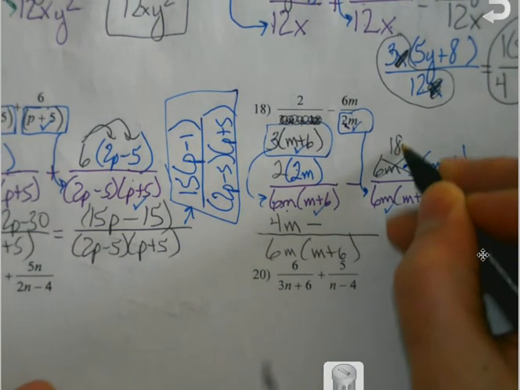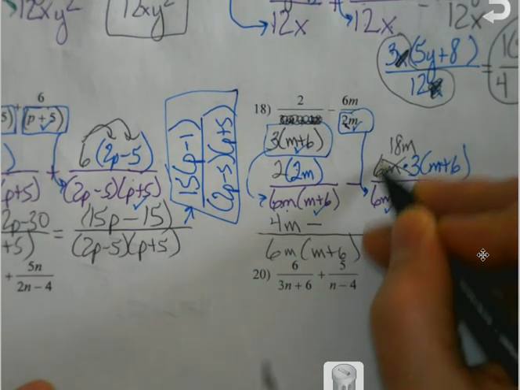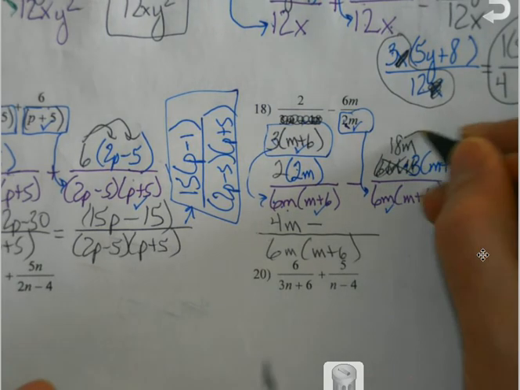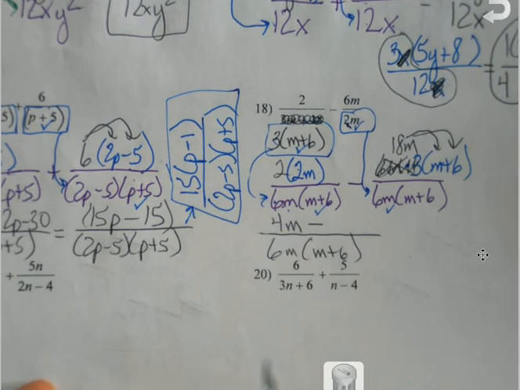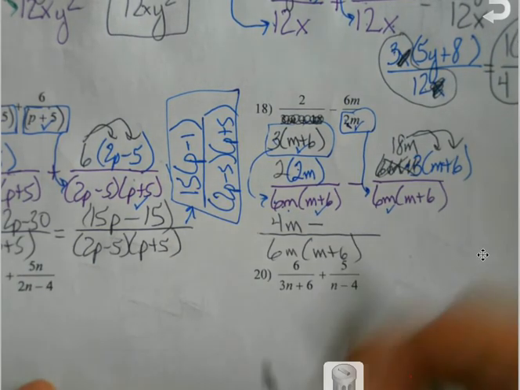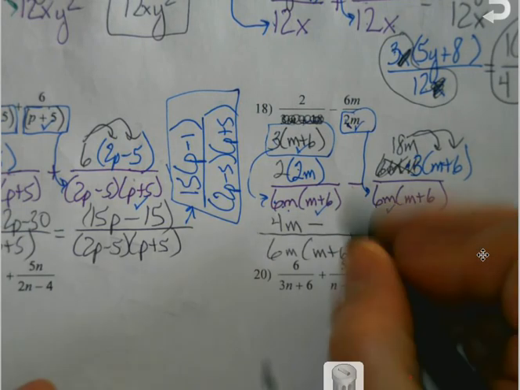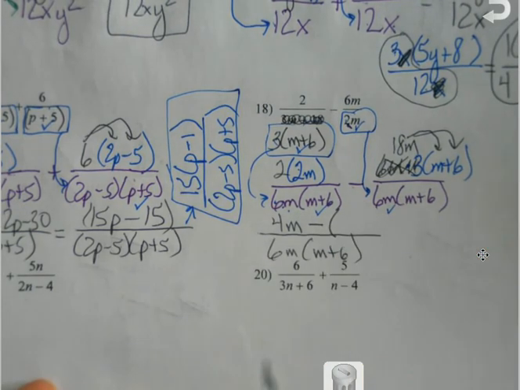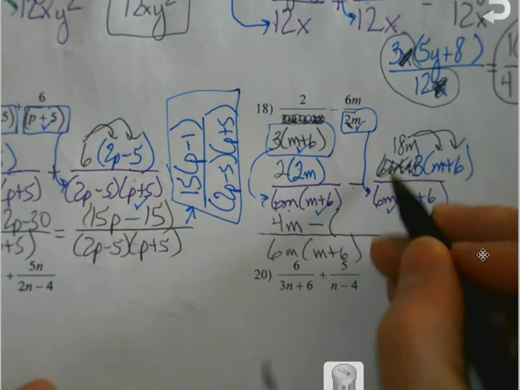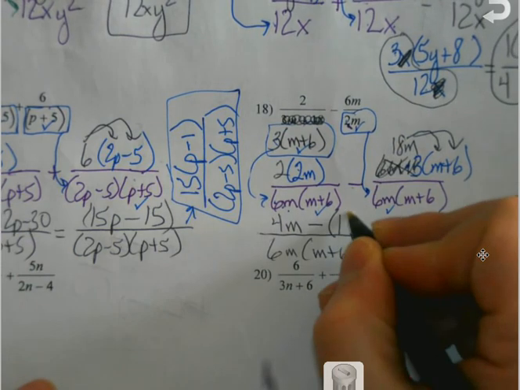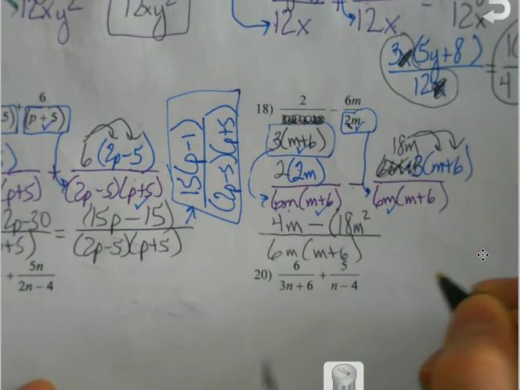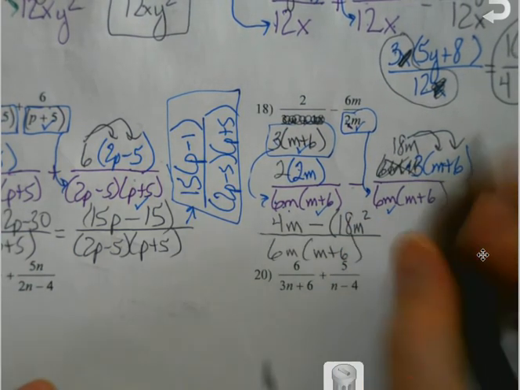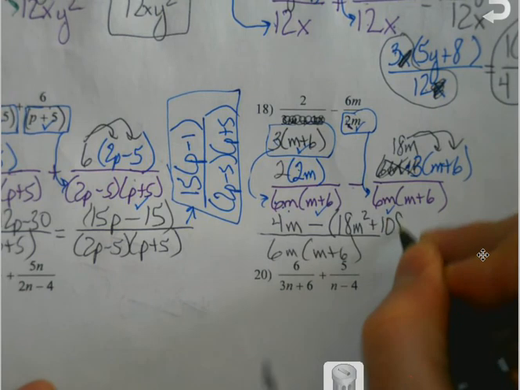I'm going to call it 18m. And I'm going to distribute. Now here's where I have to be cautious. I'm minusing this whole thing. So I'm going to put some parentheses up here. So 18m times m is 18m squared. 18 times 6 is 108m.